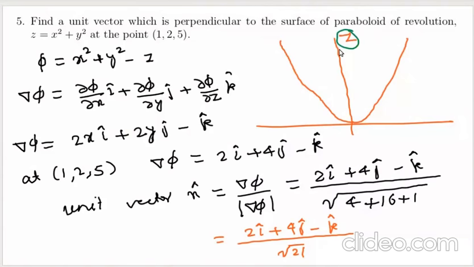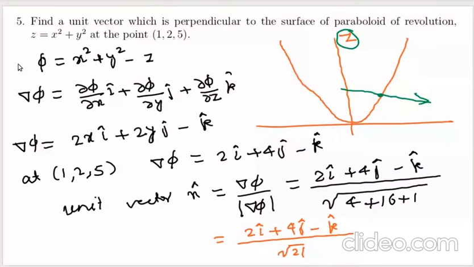Suppose a function is x square plus y square minus z, and suppose the point is here, so you are calculating the normal vector in this direction. Actually, the normal vector to a particular surface is given by the gradient of that function. So if you take the gradient of any function, it will give you the normal vector.